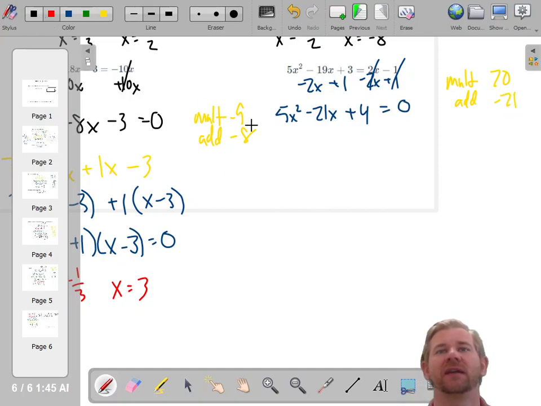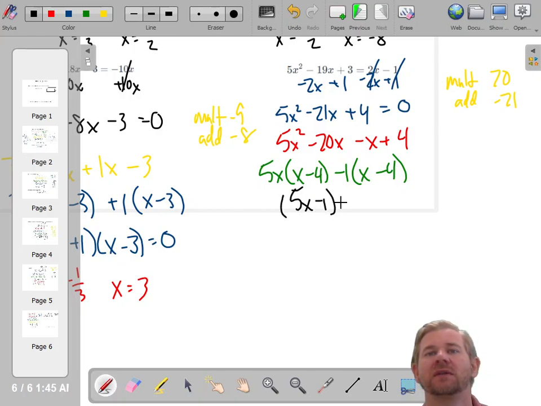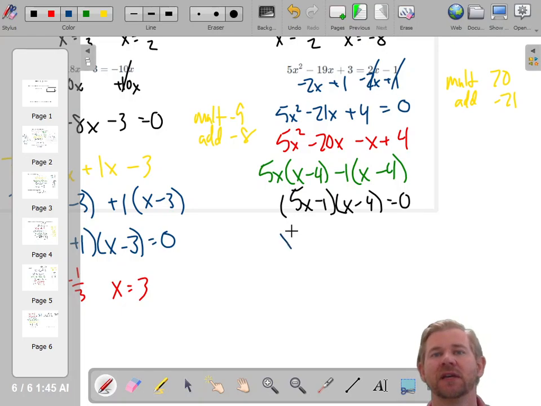Again, they have to both be negative. 5x squared minus 20x minus 1x. Negative again, so that's going to keep happening. 5x minus 1, x minus 4. I'm looking for zeros, so that happens when x is add 1 divided by 5, 1/5, or add 4.